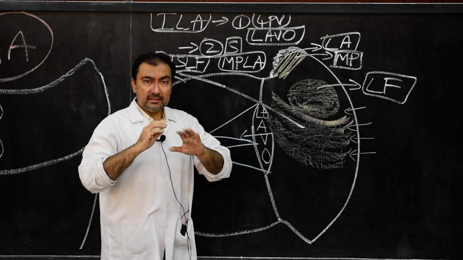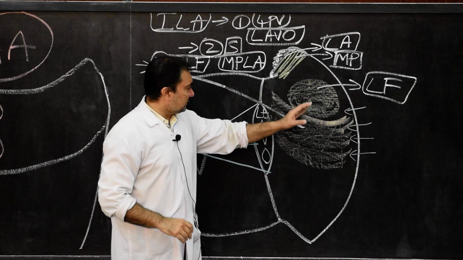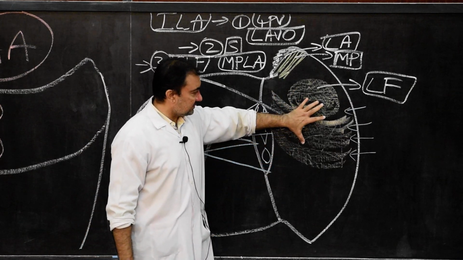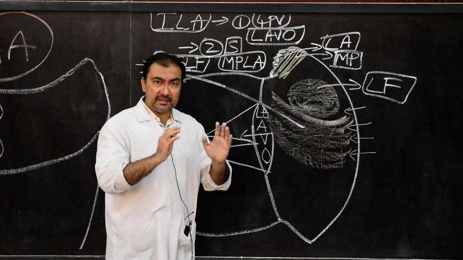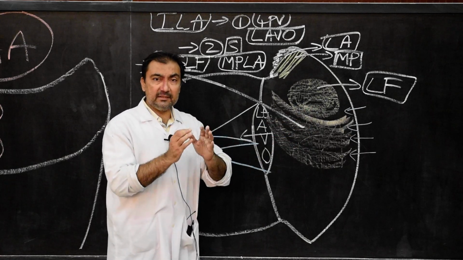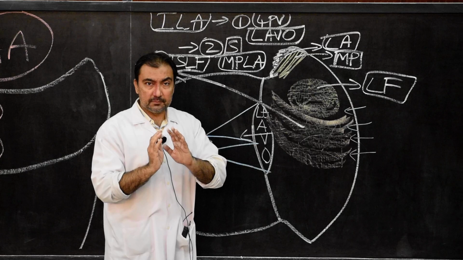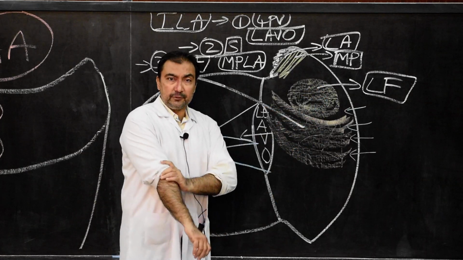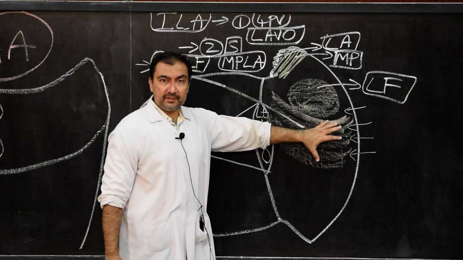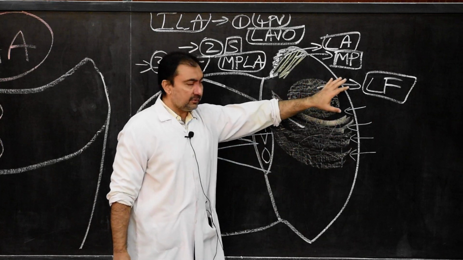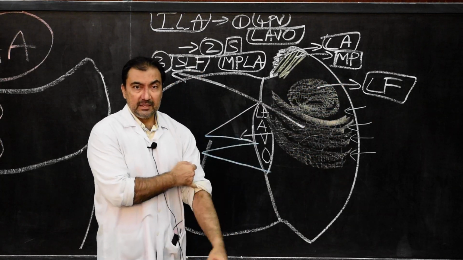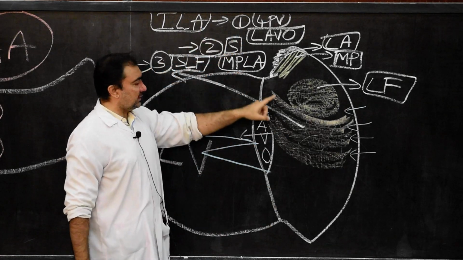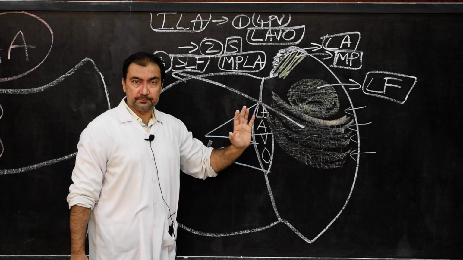It is an embryological derivative of septum secundum. So these two features are present in the interior of the left atrium within the septal wall. Number 1, semilunar fold, and number 2, lunate fossa. Semilunar fold is a derivative of septum primum and lunate fossa is a derivative of the septum secundum. So altogether 1, 2 and 3, these 3 are the features of the interior of the left atrium.